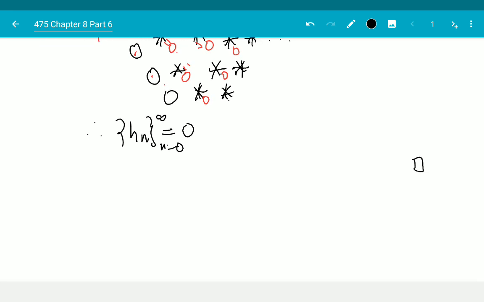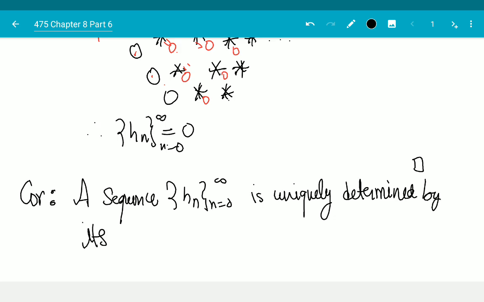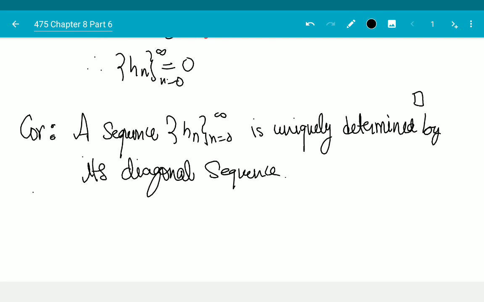And this has a very important consequence, a corollary: a sequence hn is uniquely determined by its diagonal sequence, right? And the proof is really easy.